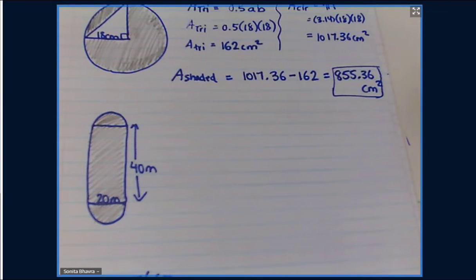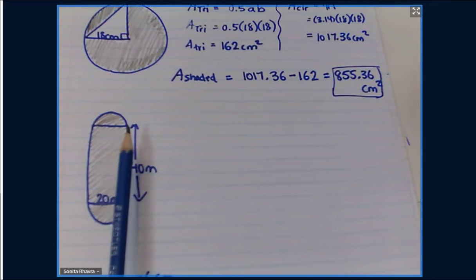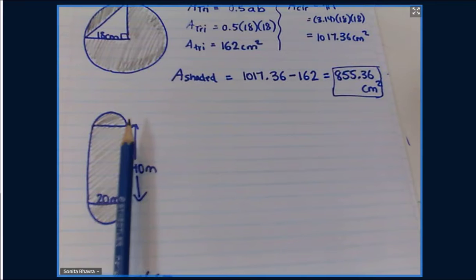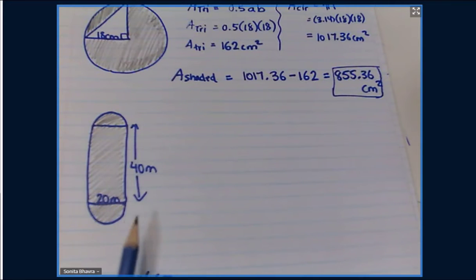All right, so our next figure looks like this, and what we can see in this figure is we have a rectangle right there, and we have half a circle up top, half a circle at the bottom, so therefore a full circle. So let's start with the rectangle first.